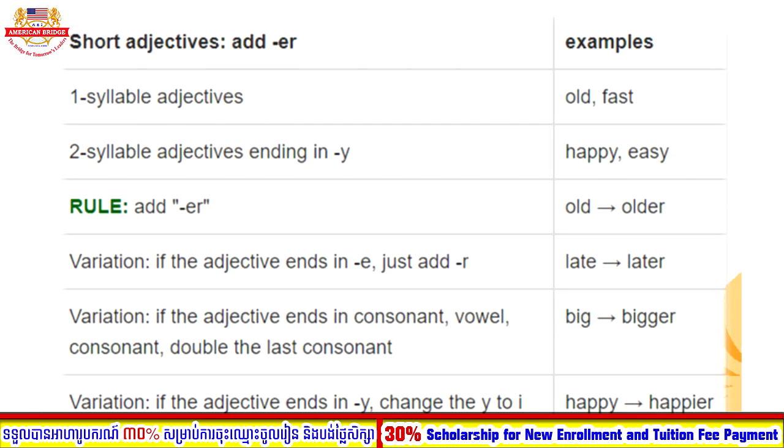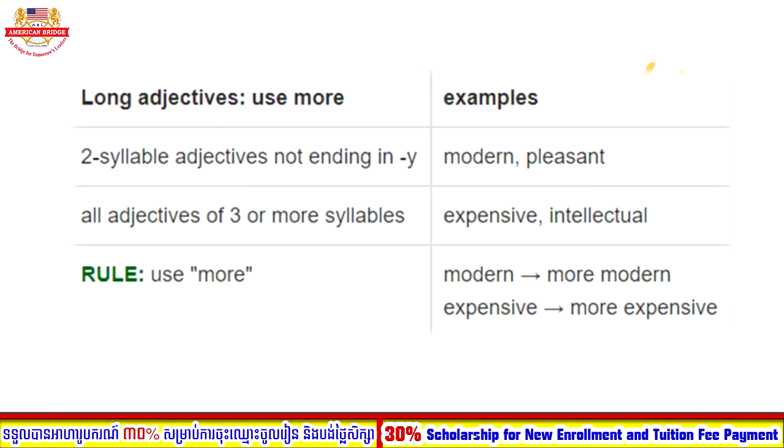We are going to move to long adjectives, which use more. Long adjectives should be more than two syllables, and two-syllable adjectives not ending in Y. So every two-syllable adjective that does not end in Y is also called a long adjective.